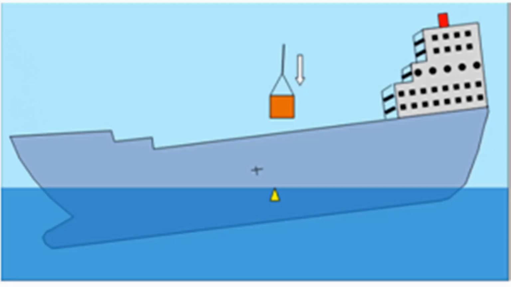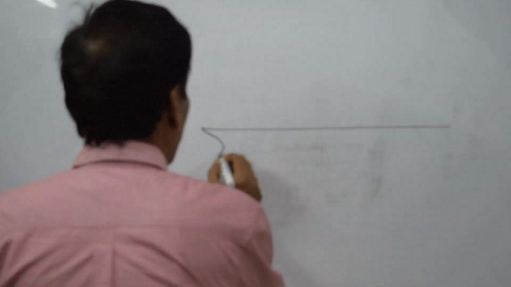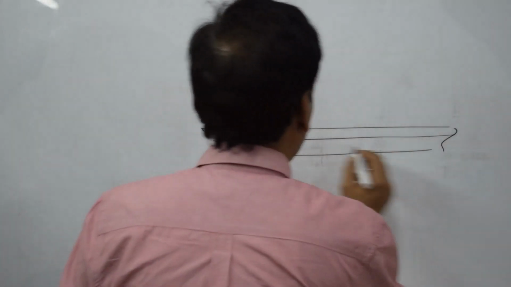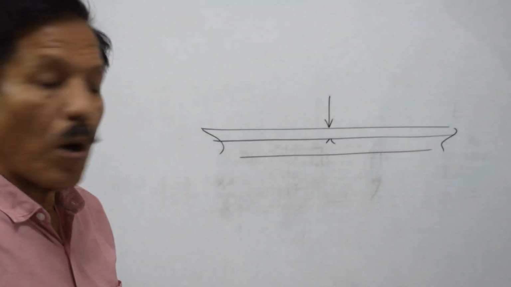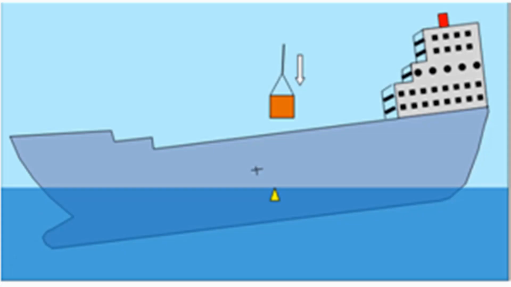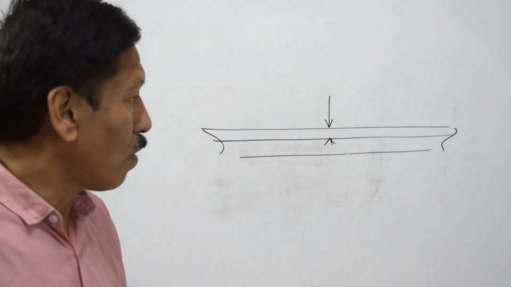Now tell me another example whereby change of draft is happening only because of bodily rise or bodily sinkage. There is no trim change at all. Of course, that would happen whenever loading or discharging is done at the center of flotation. Whether we load or discharge at center of flotation, so long as the loading or discharging is happening at this point, there is no change of trim.